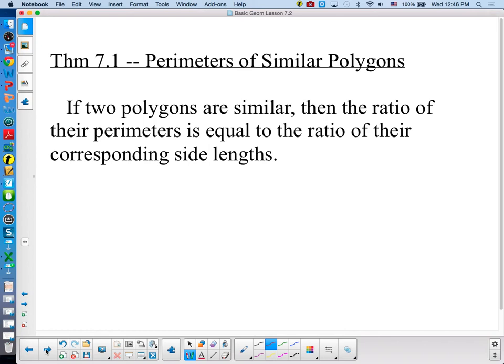Two polygons are similar, then the ratio of their perimeters is equal to the ratio of their corresponding sides.